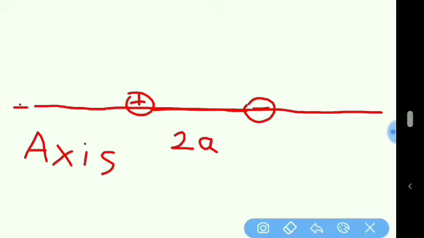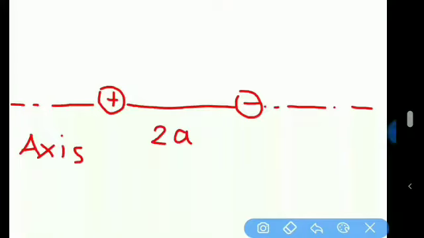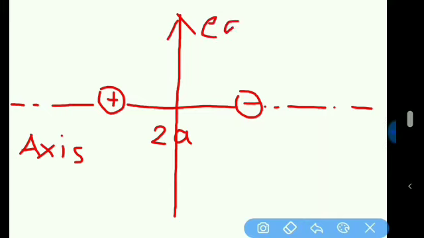See this line which passes through both the charges. This is an imaginary line, which is called the axis of a dipole, and the other line which is perpendicular to the axis and passes through the midpoint of a dipole is called the equator of a dipole.